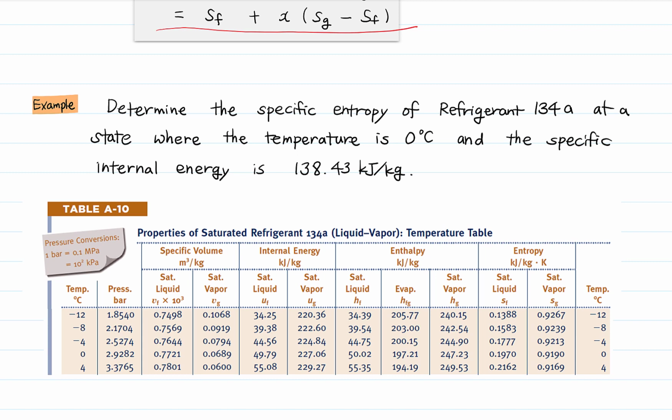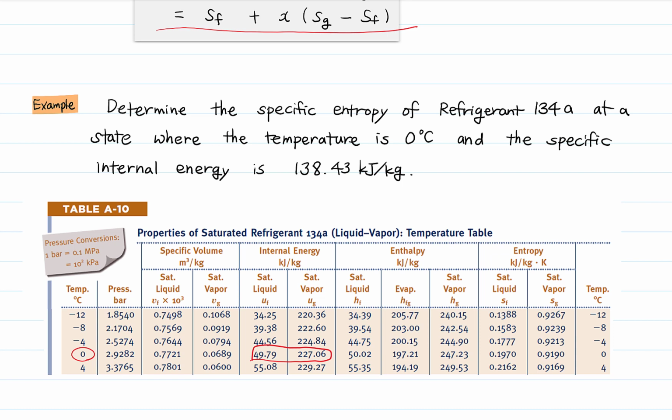Determine the specific entropy of refrigerant 134a at a state where the temperature is 0 degrees Celsius and the specific internal energy is 138.43 kilojoule per kilogram. At 0 degrees Celsius the internal energy is in between these two numbers, so we know that it's a saturated liquid-vapor mixture.